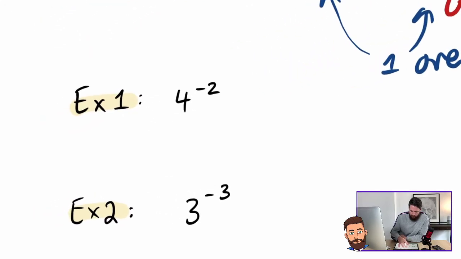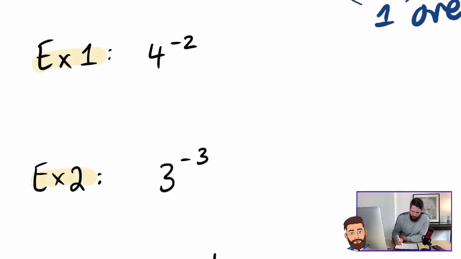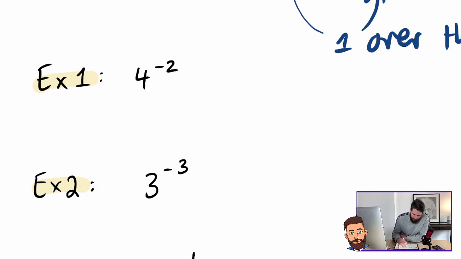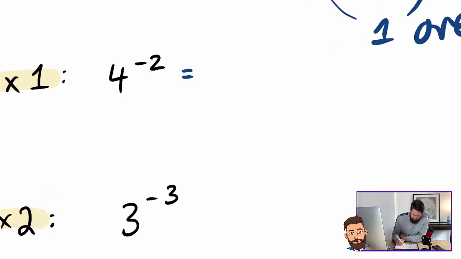So what do we have in example 1? We have 4 to the minus 2. Well, what does our law say? It says that you do 1 over the original base to the original power without the minus. So this 4 is going to become 1 over, because the negative means 1 over, 4 to the original power, which is 2, squared.